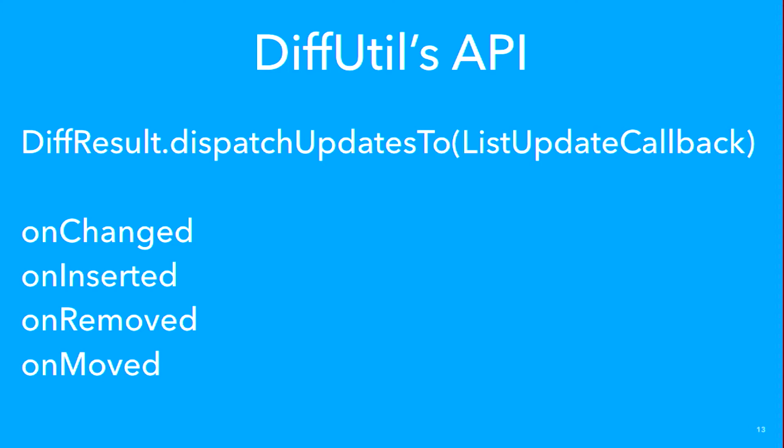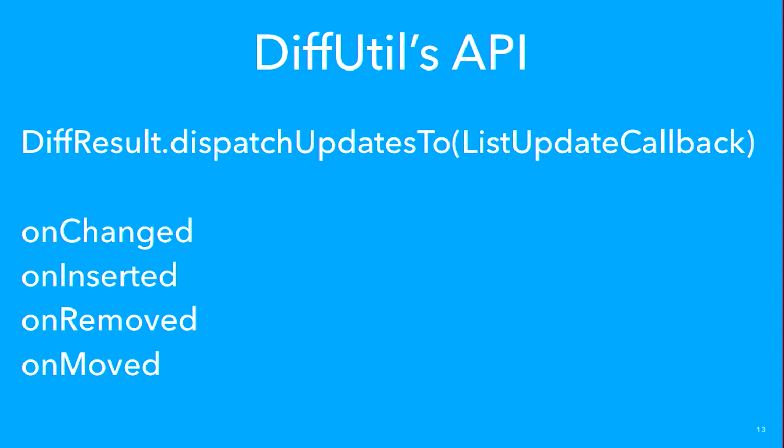And so you'll see on this callback you have onChanged, onInserted, onRemoved, and onMoved, and these all accept data ranges from a start and then to a certain count. So those look really familiar. They look exactly like our adapter methods. So DiffUtil provides a convenience method for this, just to dispatch directly to the adapter. The implementation, of course, is trivial. It just implements the adapter methods there.